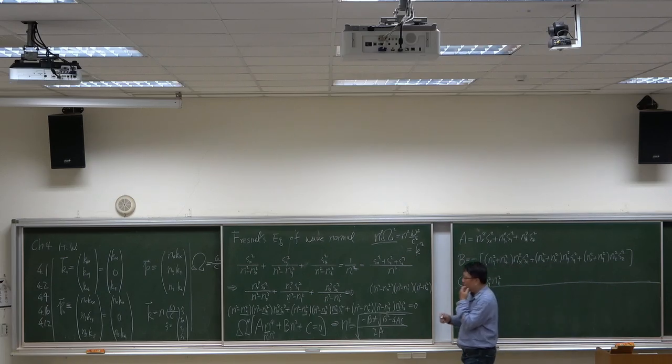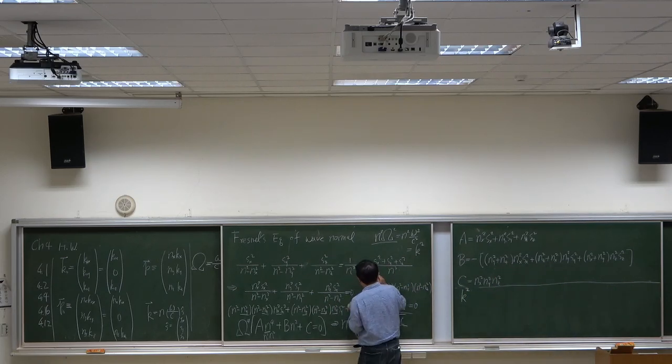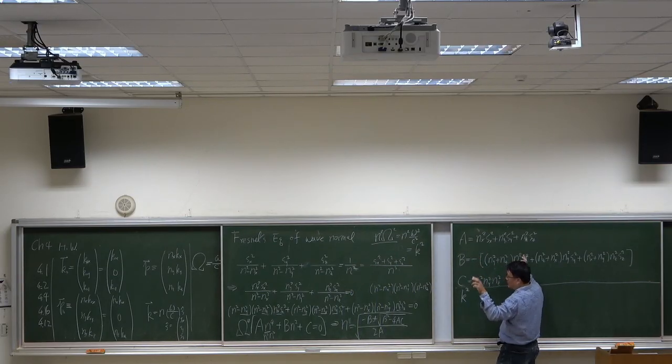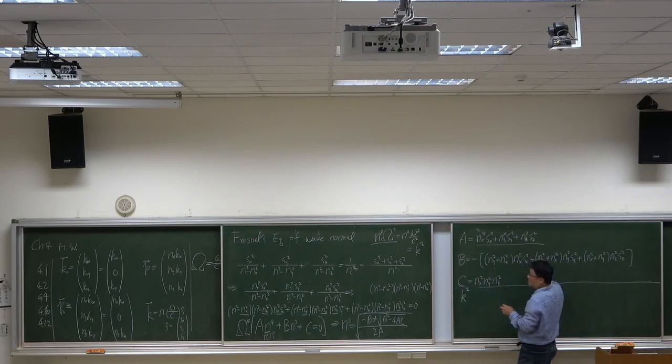And then we have omega squared times n squared times this. And what is this?